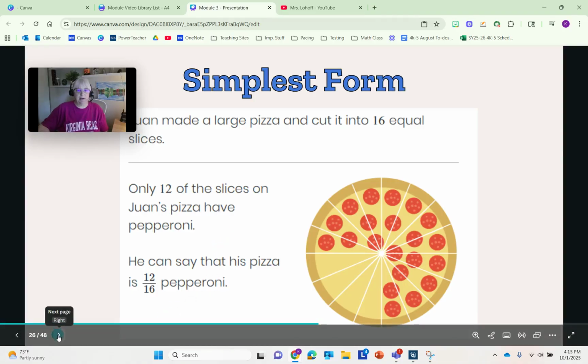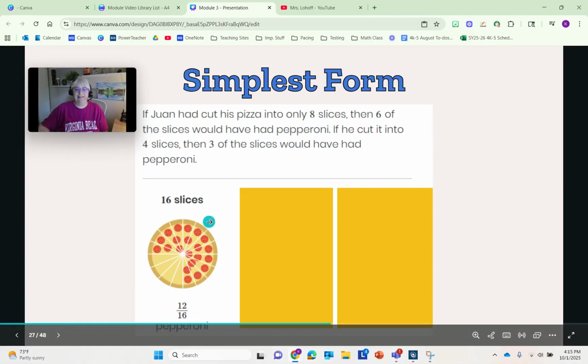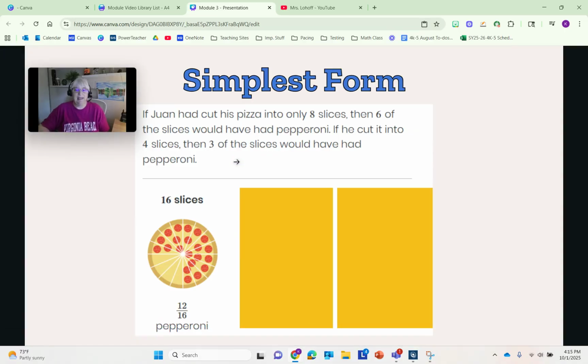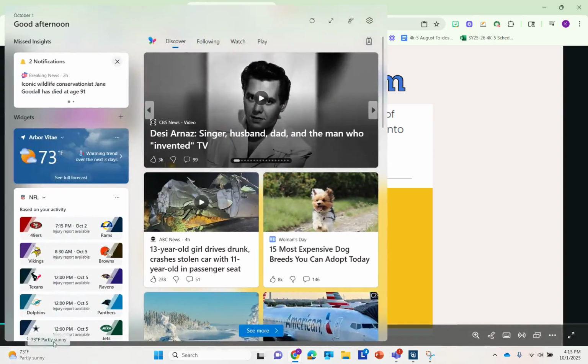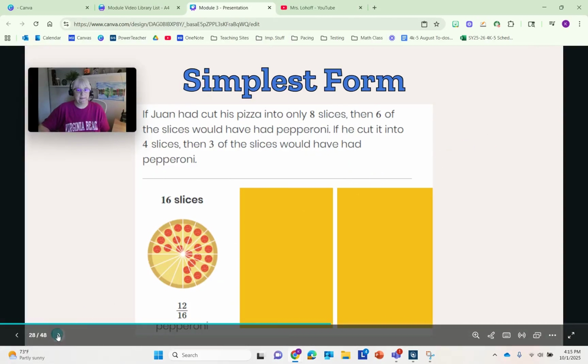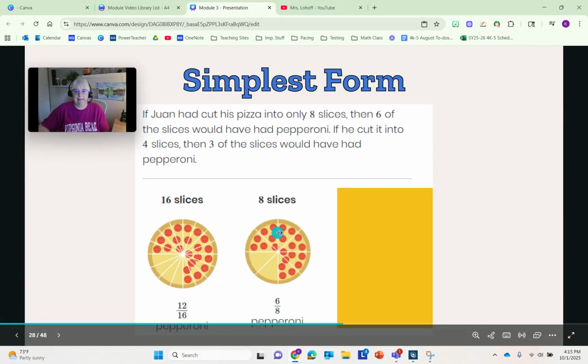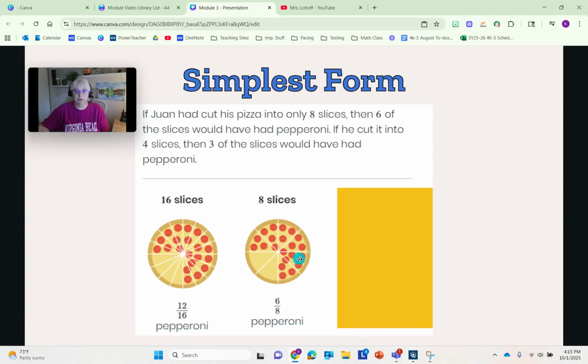So let's look at another example. Imagine that instead of cutting the pizza into 16 slices, he cut it into 8 slices. Let's take a look at what that would look like. So here we have 8 slices, and if I count 1, 2, 3, 4, 5, 6, 7, 8, it's the same pizza as the other image.